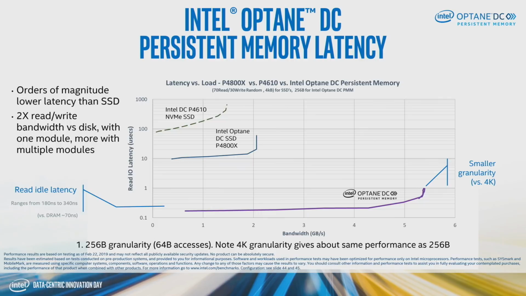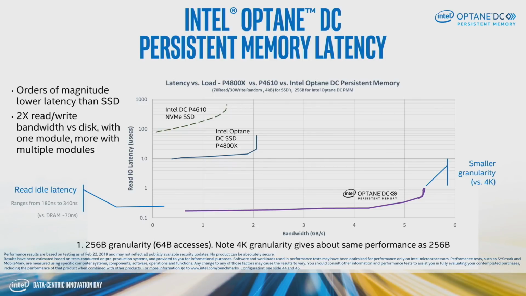And that's the bandwidth. Now, on the y-axis is latency. And so you can see the latency starts on the left at the lowest point, about 180 nanoseconds. And as you increase the traffic, the latency will go up, but not until it's almost fully saturated. So that's the way to read this graph.